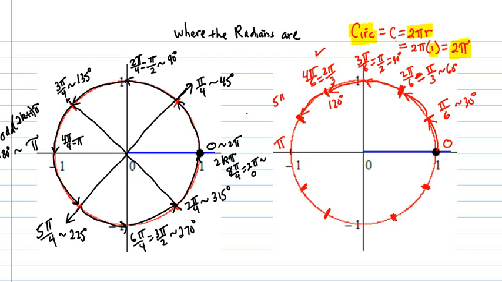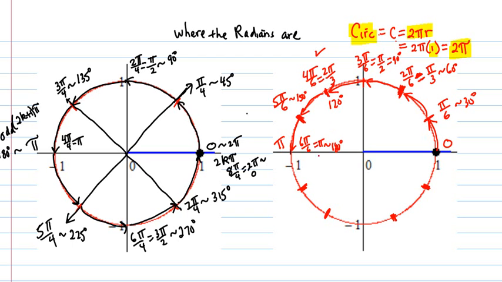That's 5 pi over 6. That's coterminal to 150 degrees. Go another pi over 6. That's 6 pi over 6, which is pi, coterminal to 180.